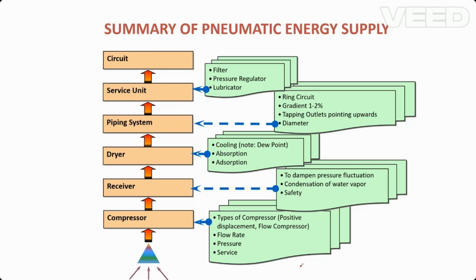We use a piping system, mostly ring type. And we have air service units like filter, regulator, and lubricator, which we will be connecting to our actual circuit. In this way, our connection of components goes in a sequence one after the other.